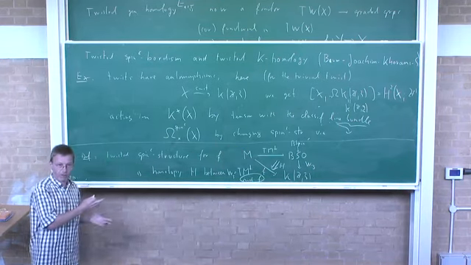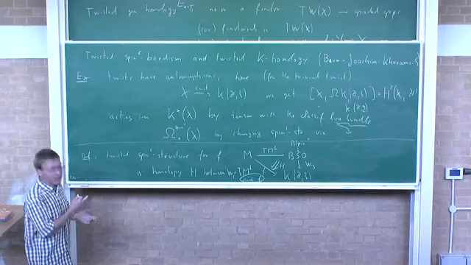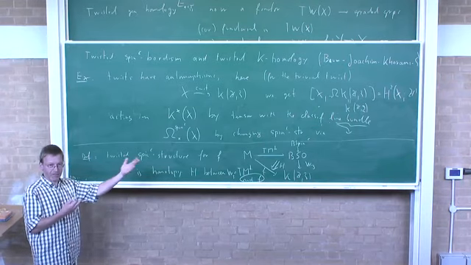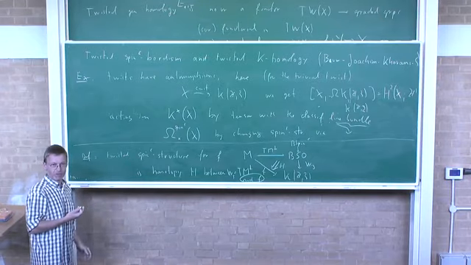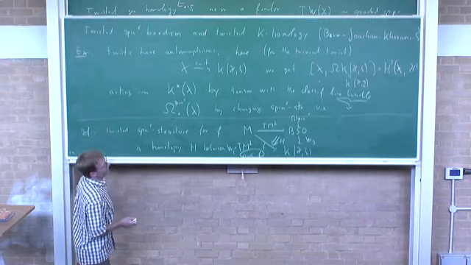So now we know what a twisted spin C structure is, and then you have to take classes of such things. So the maps are precise, but then you take homotopies of such terms.